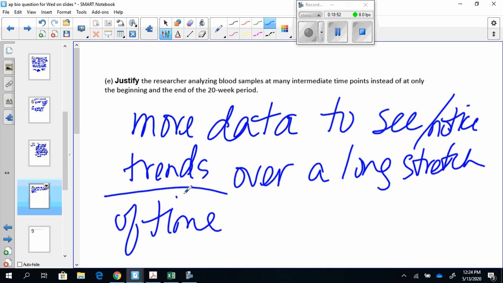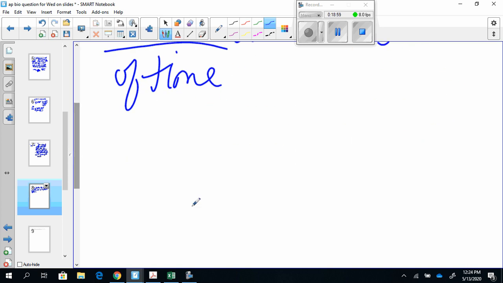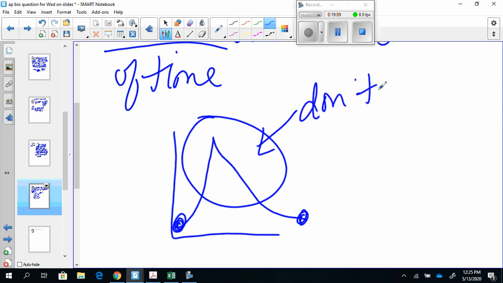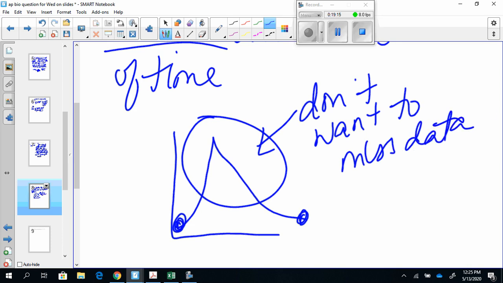Basically, you don't know how long it's going to take to work. And if you think back to the graph, it went like that. If I only measured it at the beginning and the end, I'd miss all this. So you don't want to miss all that data. If you measure it many, many times instead, you'll actually see those changes.